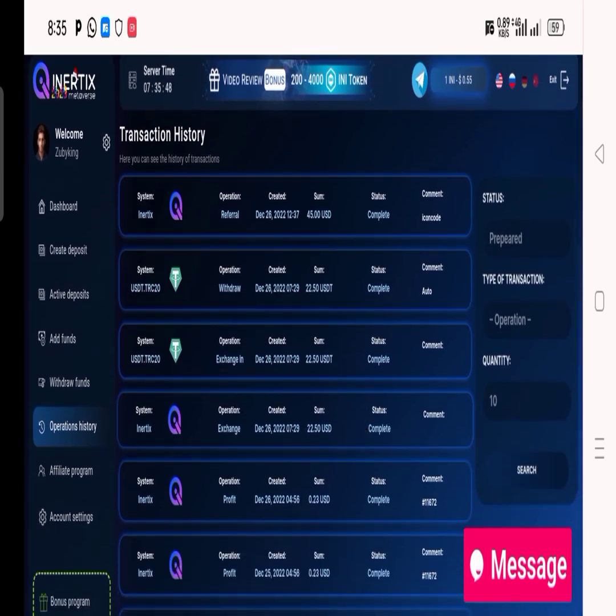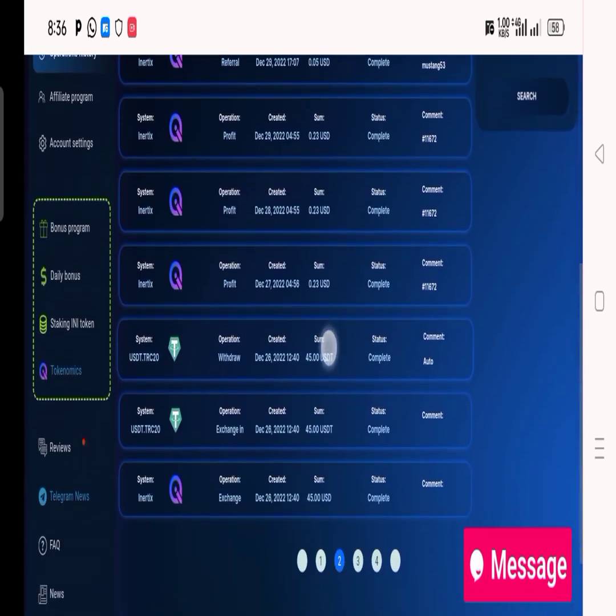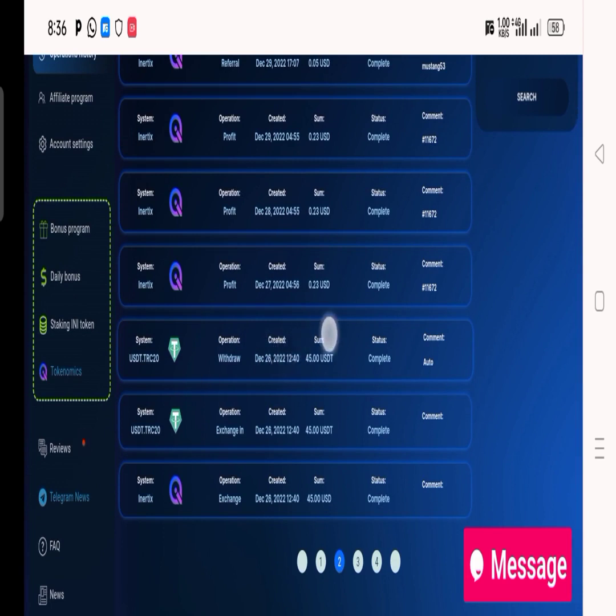Look at it, $22.5 US withdrawal. And also look at the second one, which is this particular withdrawal here, 45 USDT. So that is what I got from my referral, and then I exchanged it for withdrawal.